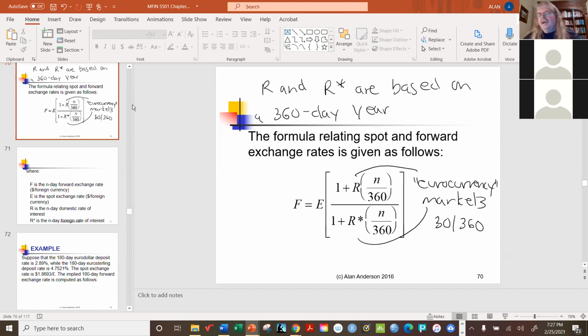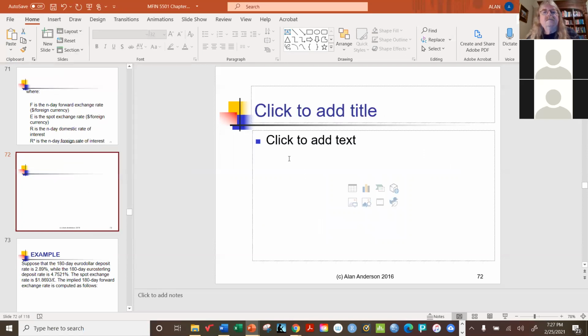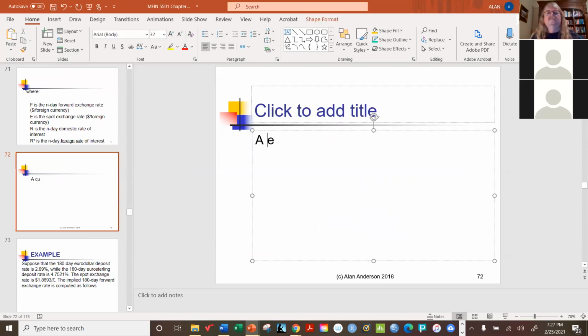All right, remember, a euro currency is simply a deposit held outside the country of origin.